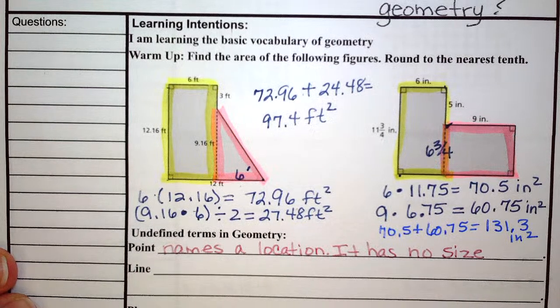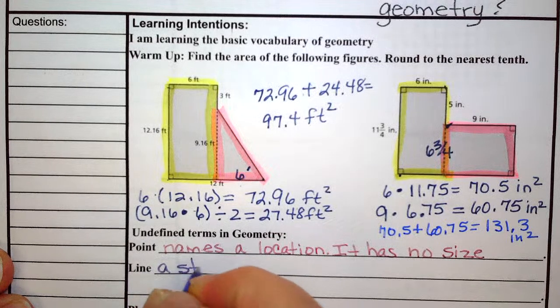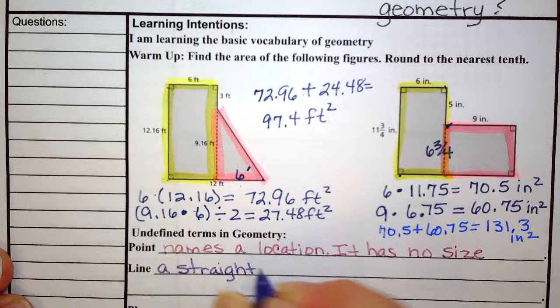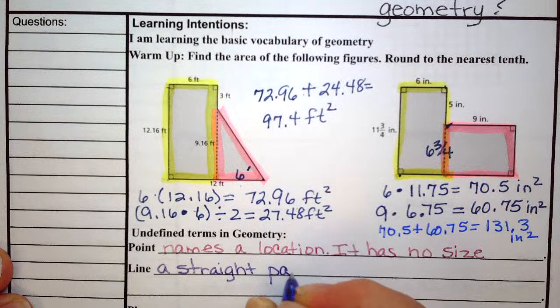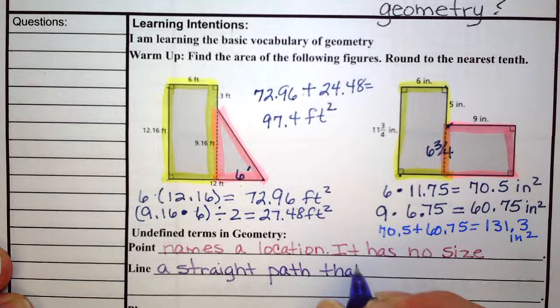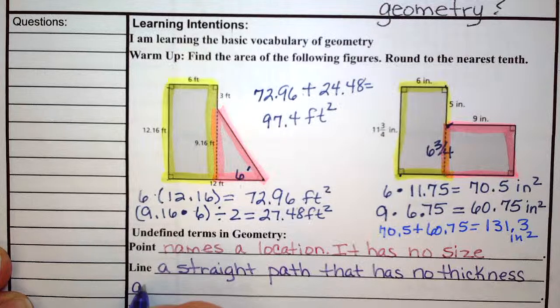So this is a straight path that has no thickness and extends in both directions.